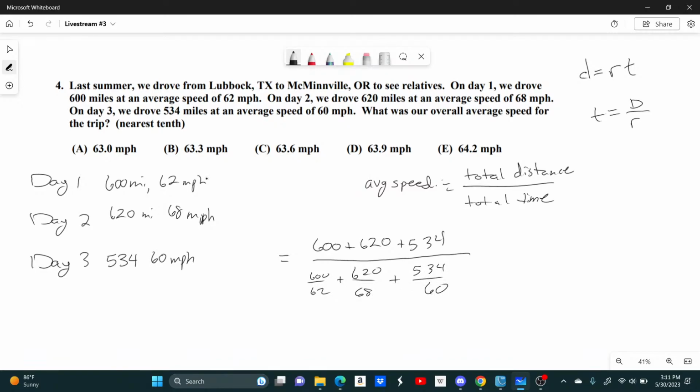Let's see what happens when we type all this in. Give me a second. You get 63.3 miles an hour. Sweet. Okay, moving on.